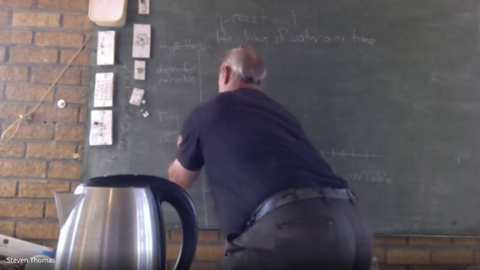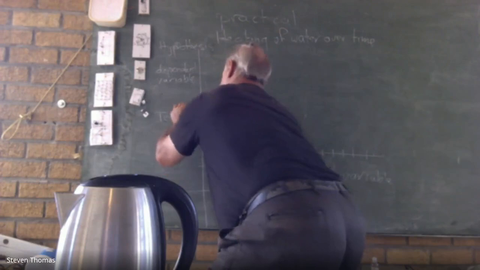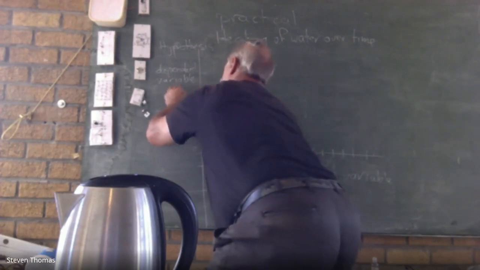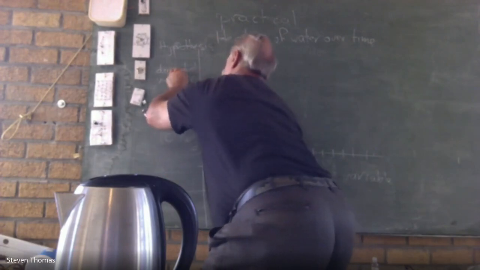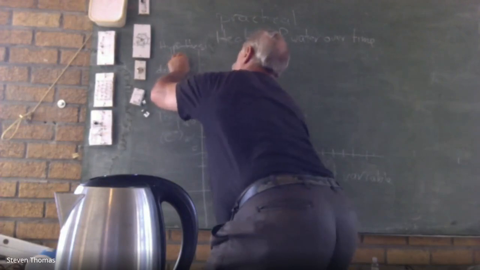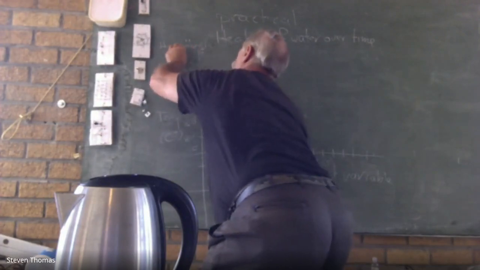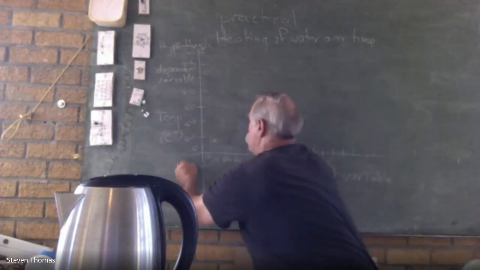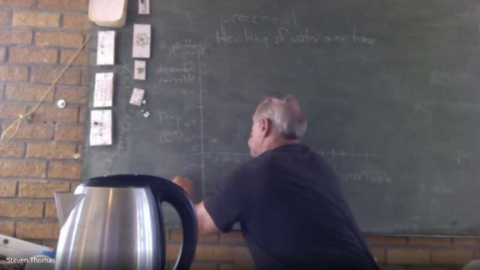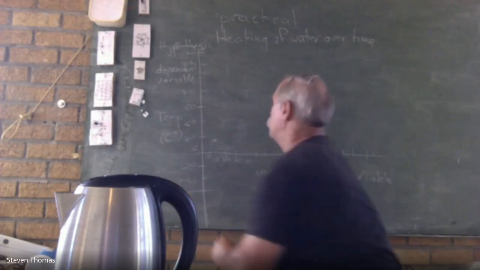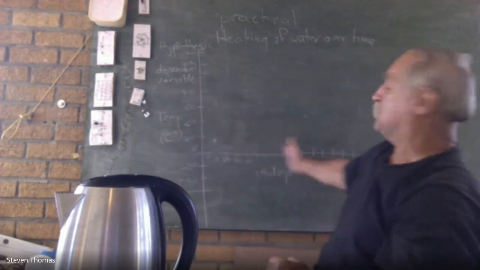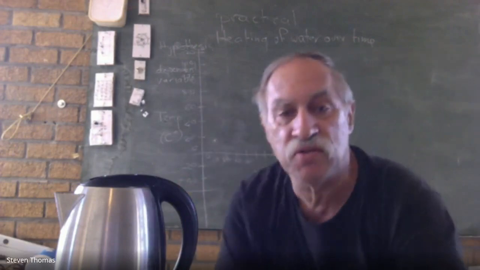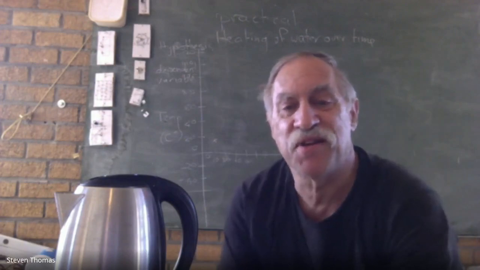So this would be 20, 40, 60, 80, 100, 110, 120. Let's suppose we go up to 120 degrees, then this must be minus 20, minus 40 or whatever, but they must be evenly spaced, just like your time intervals must be evenly spaced.